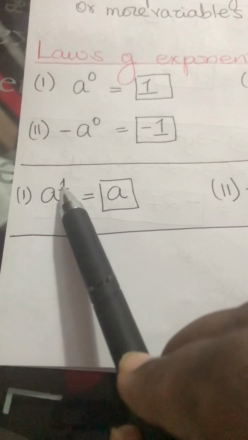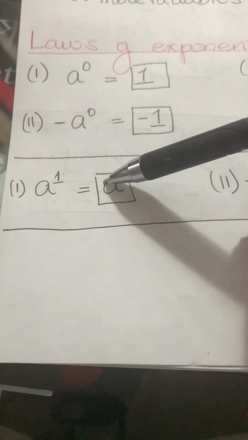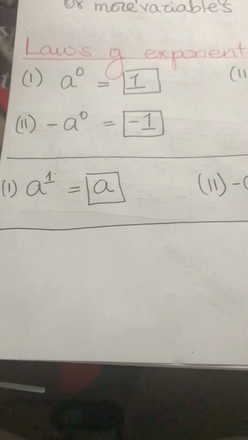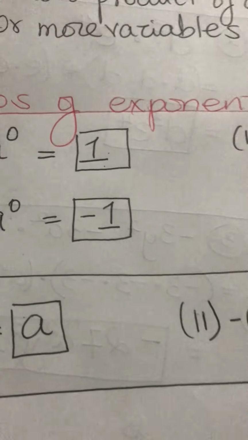When we have the exponent 1, we never write it. You just write the base the way it is. Okay? So a to the 1st power is just a. Whether it is a variable or a whole number or a fraction or a decimal.